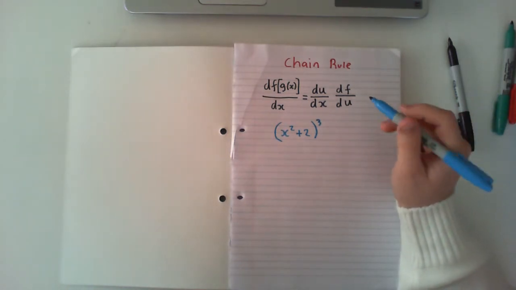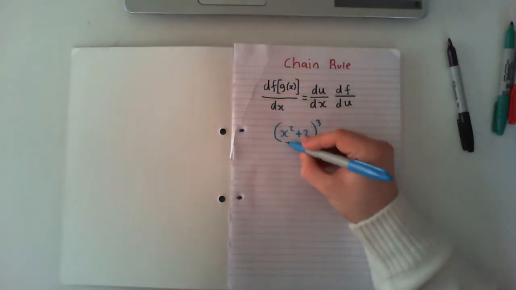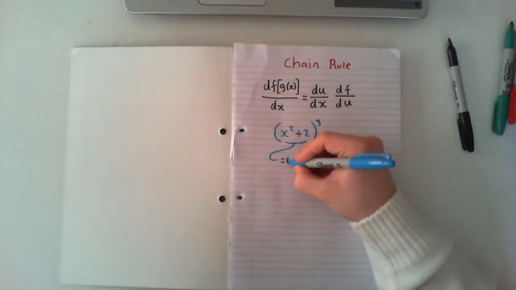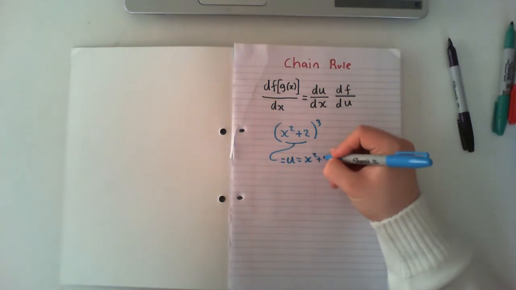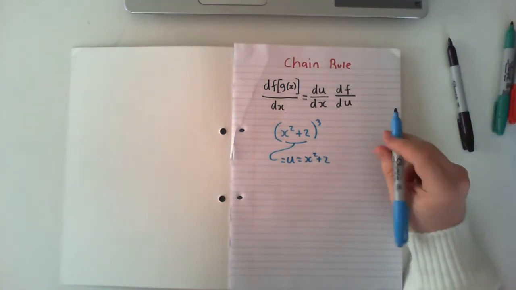Now I'll show you what I mean here because it sounds a bit complicated. What we do is we take what's inside this bracket and we say this is equal to u, which is equal to x squared plus 2. So our u is equal to x squared plus 2.